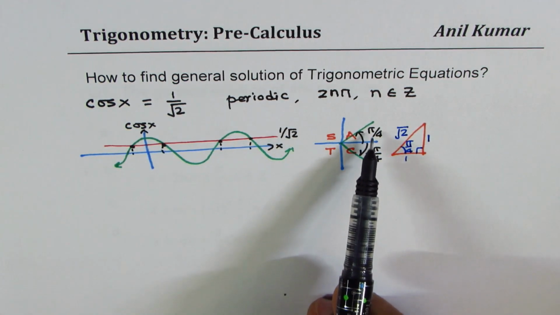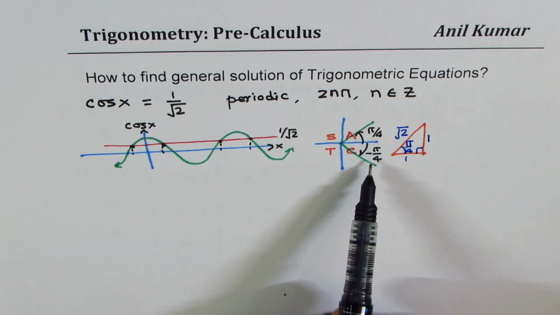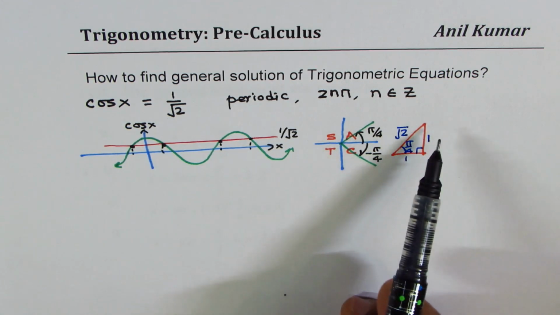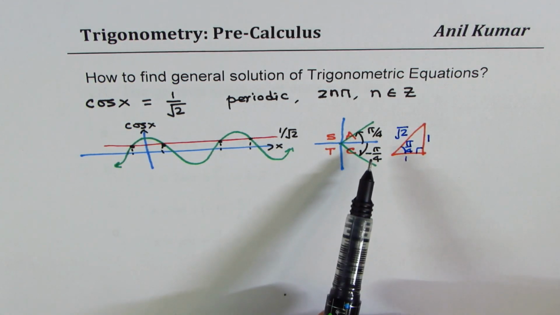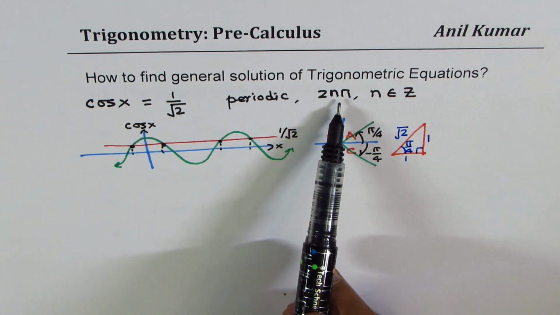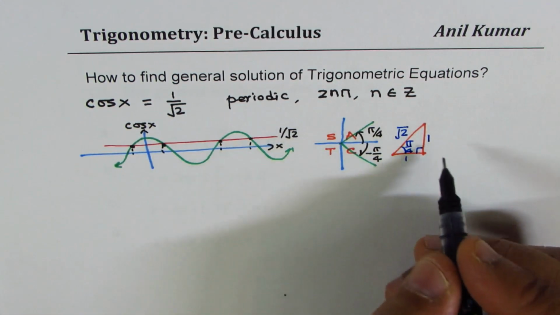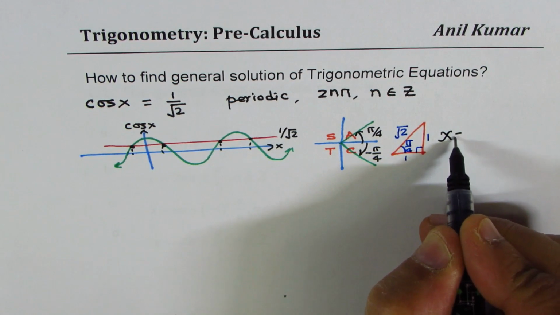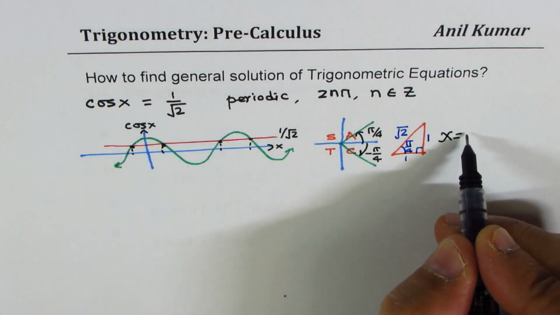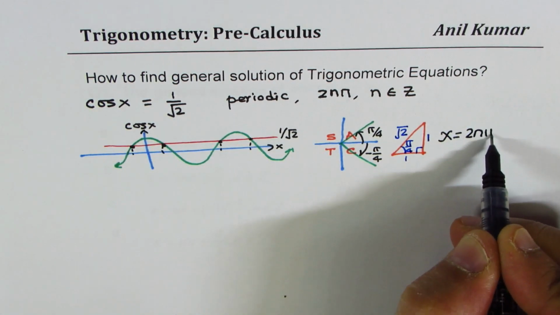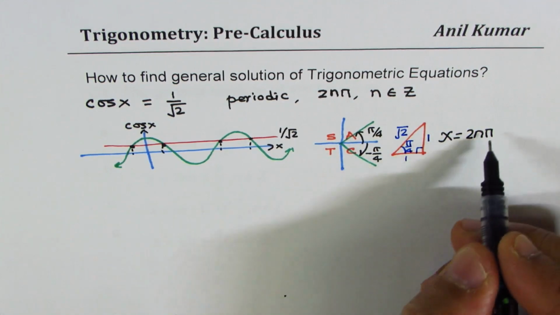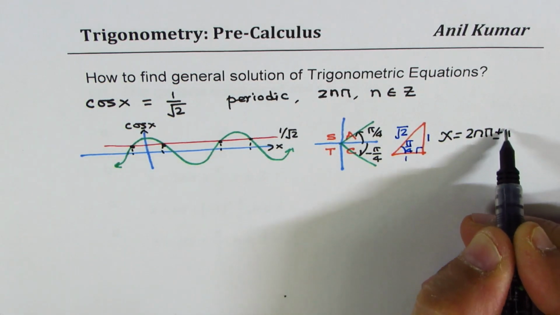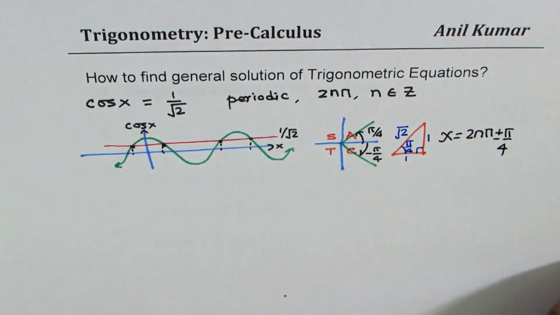Now, this value of pi by 4 and minus pi by 4 repeats after every 2 pi. And therefore, we can write the solution as x equals 2n pi plus and minus pi by 4. Does it make sense?